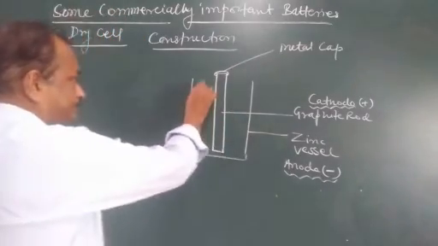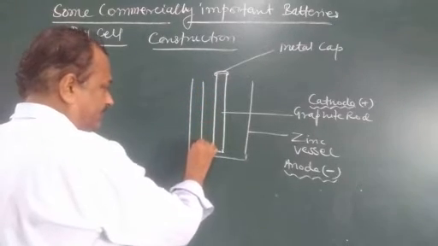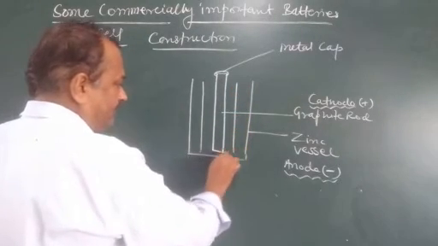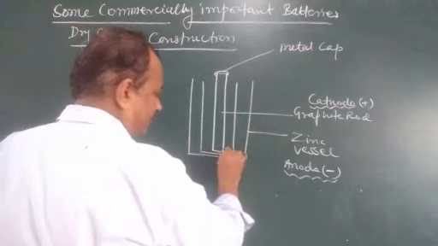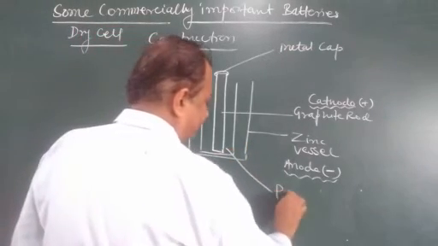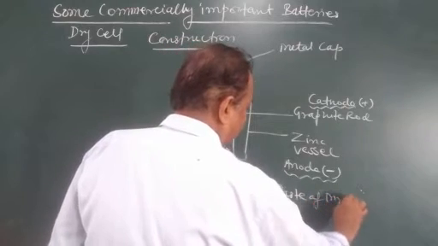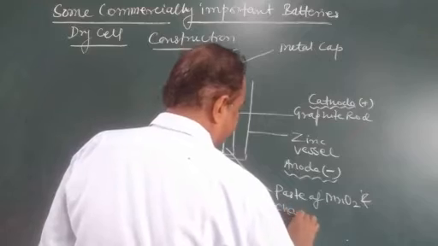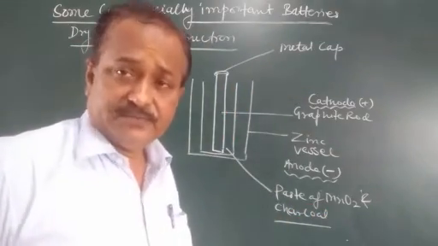Now around this there is a paste of manganese dioxide. There is a paste of MnO2 and charcoal, or you can say carbon.